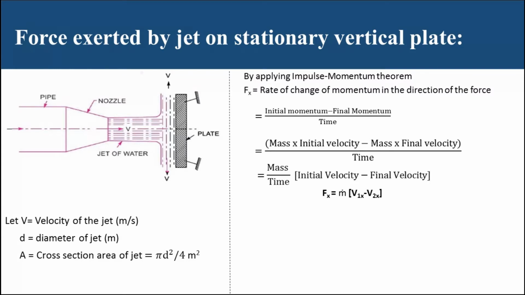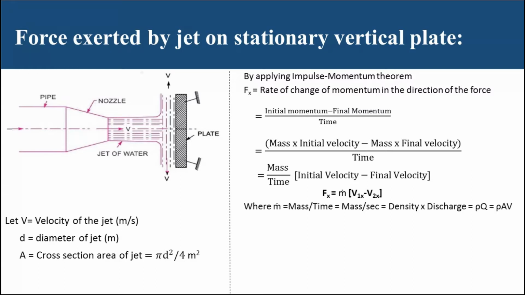Here v1x represents the initial velocity in the x direction and v2x represents the final velocity in the x direction. Here 1 represents the initial condition and 2 represents the final condition in a particular direction.